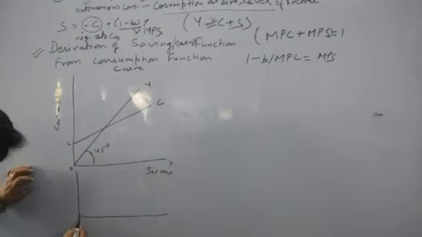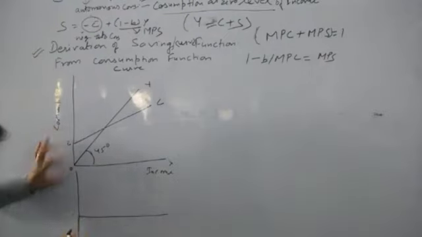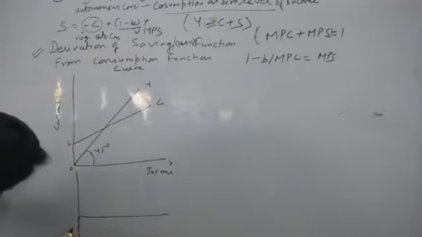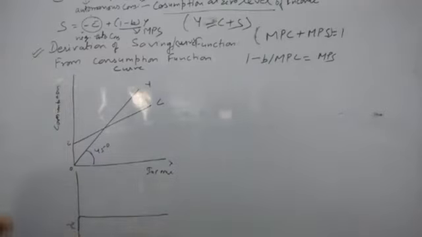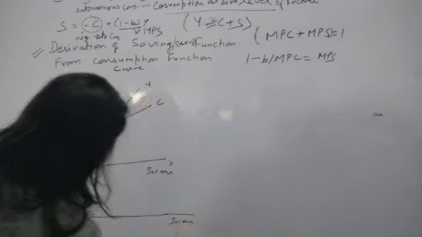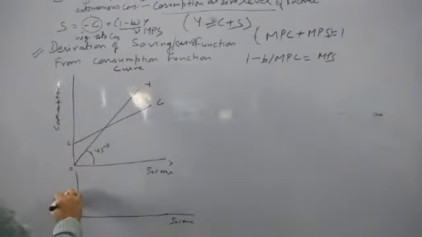So with exactly the same measurement, using a scale, we have to take minus C bar here. This line denotes the income again. And here we are showing the saving.